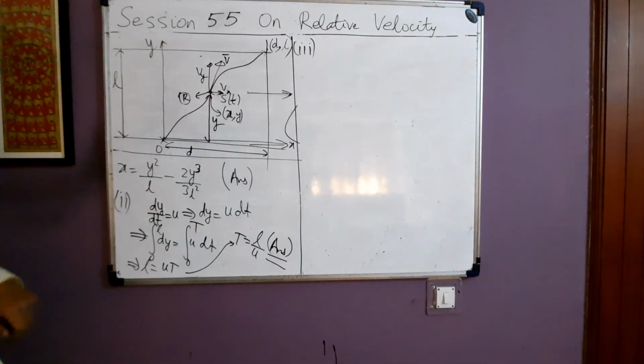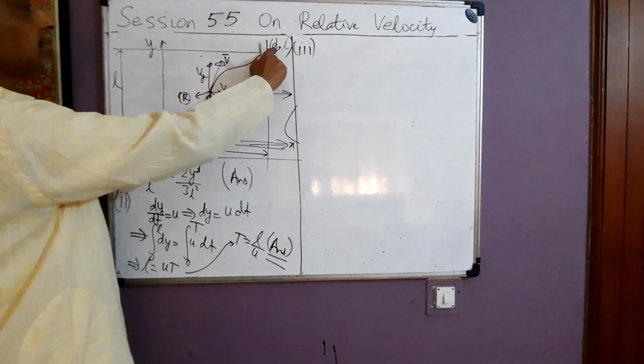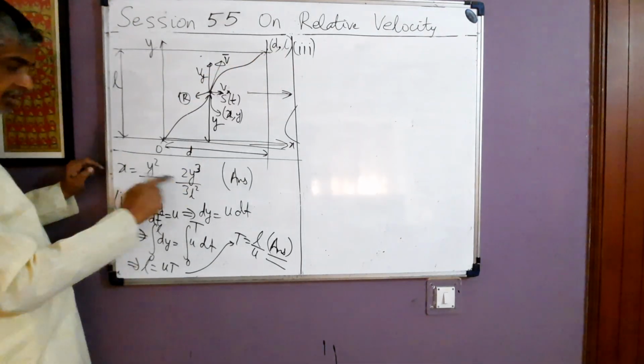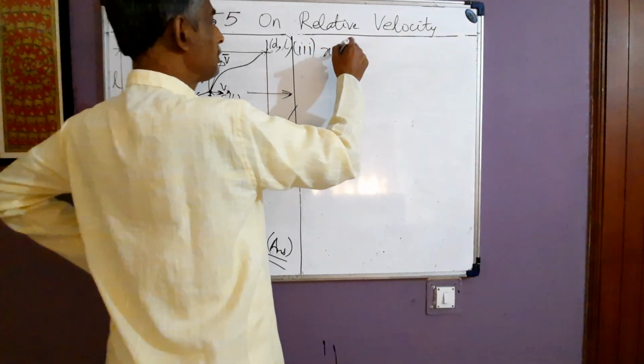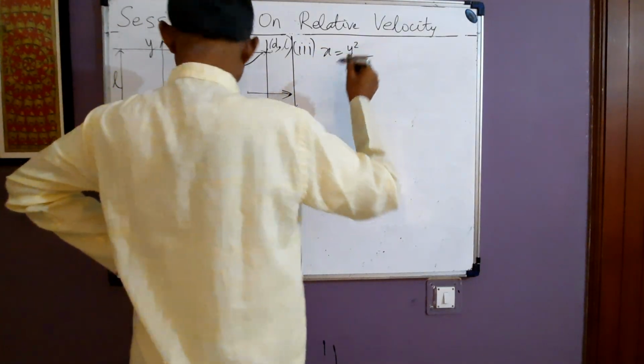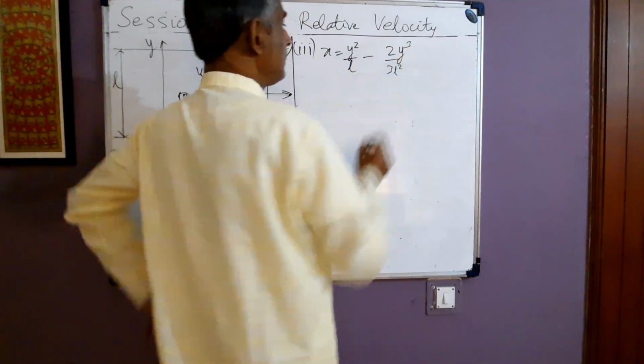Now to find the value of d: when the swimmer comes here, the point (d, L) lies on this trajectory, so (d, L) will satisfy the equation of the trajectory. x is equal to y square by L minus 2y cube by 3L square.